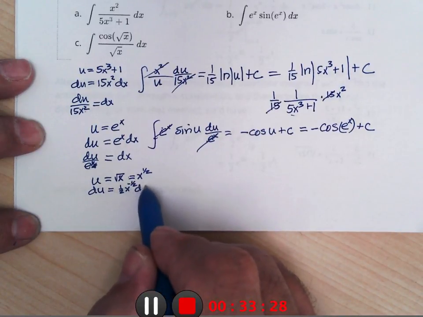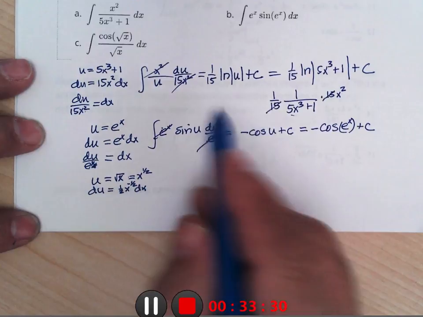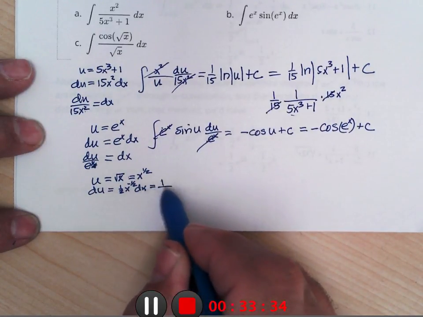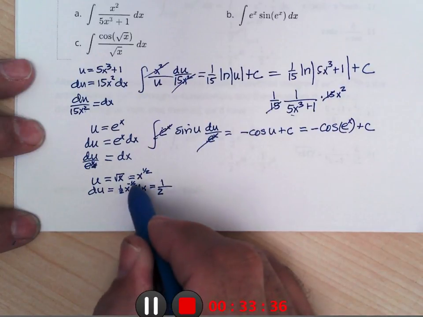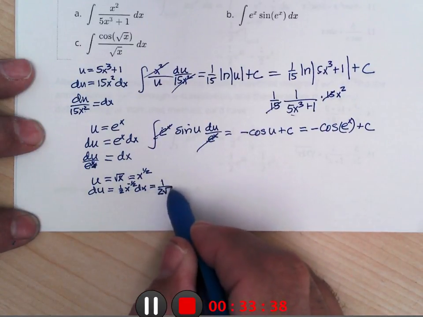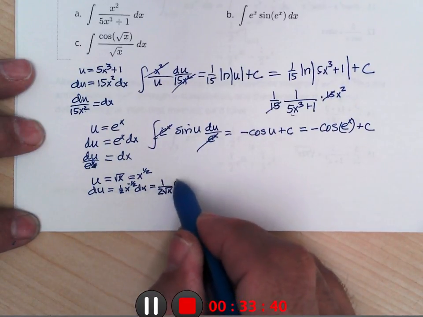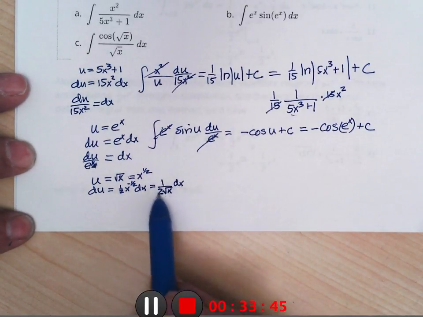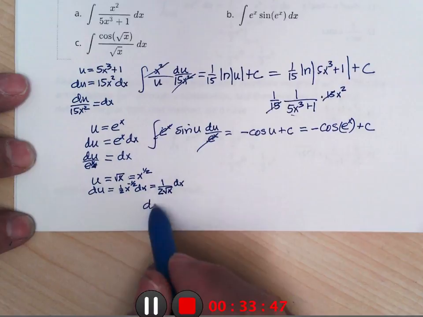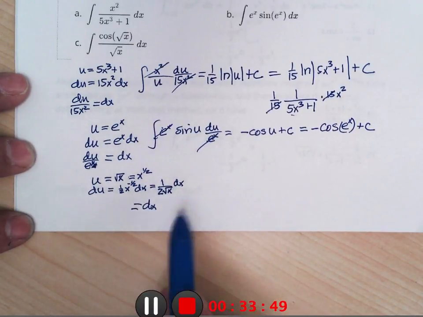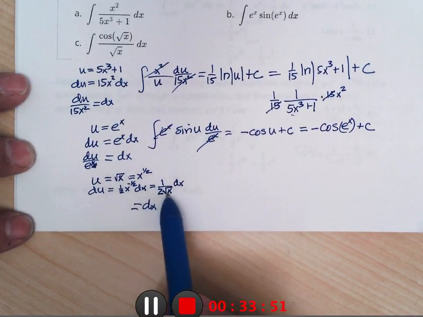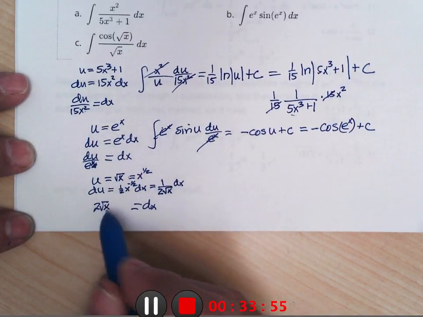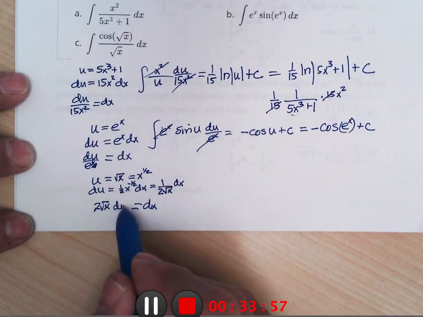And the minus 1/2 means it's in the denominator, so this is 1 over 2 square root of x dx. So now when I solve for dx, that 1 over 2 square root of x becomes 2 square root of x times du. So it ends up in the numerator.